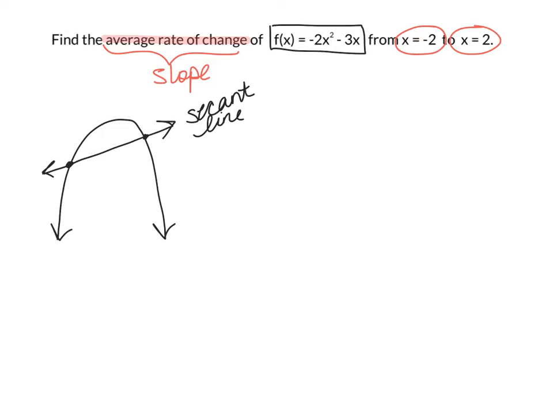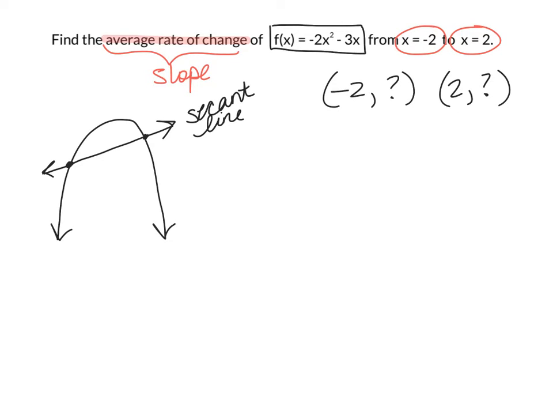I just am giving you a rough sketch so that you know what this is going to basically represent, where the average rate of change is just the slope of this line that goes from x equals negative 2 to x equals positive 2. So think about having ordered pairs. We have x equals negative 2, but we don't know the y value. And then we have x equals positive 2, and we don't know its y value.